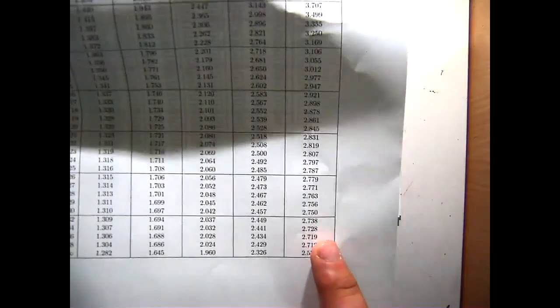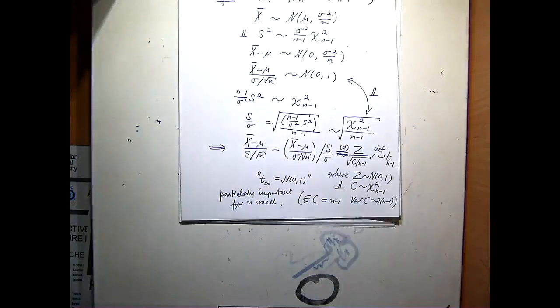This is 2.7 quite consistently, and then it's 2.5. If you were to look at even worse quantiles, very, very low values of alpha, very low significance levels, you'd find that t and normal are quite different, even for high n. So the further into the tail you go, the higher n you need before it's approximately normal.